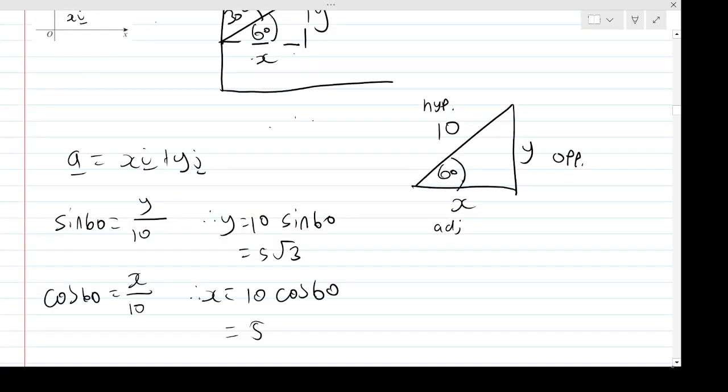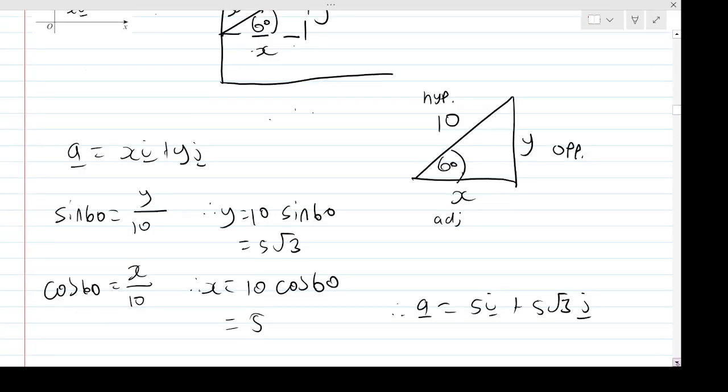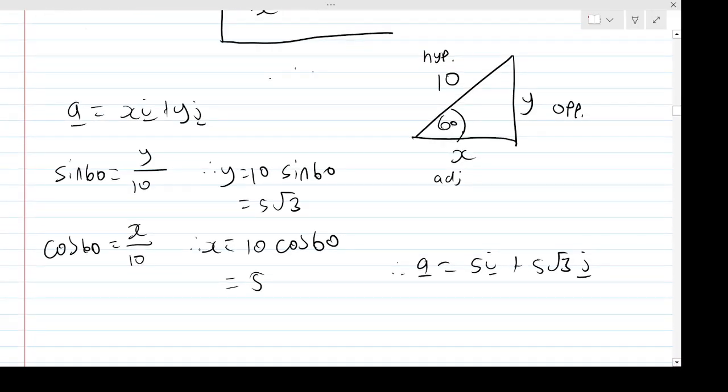So therefore I can say my vector A in this sort of format is going to be 5i, so that's going to be the x part, right? 5i add 5 root 3, which is the y or the j part. 5 root 3 j, okay, and there we are. And then remember, we can also write this in column vector form.